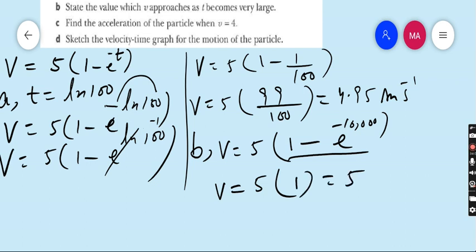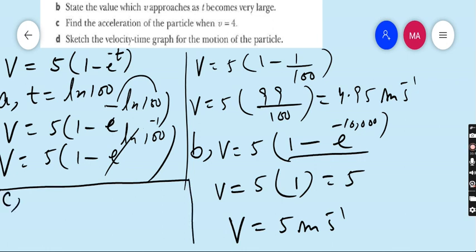So when t becomes very large, the value of v must be 5 meters per second. Hope you understand.